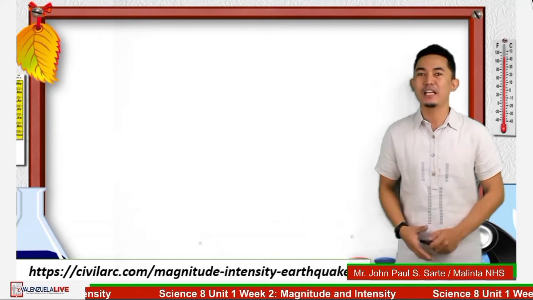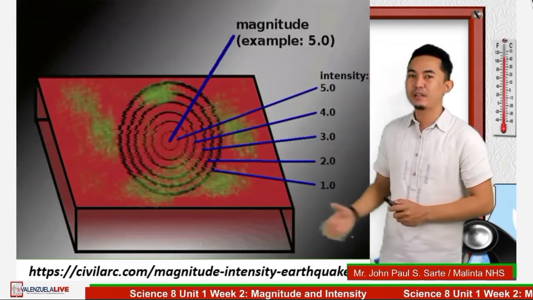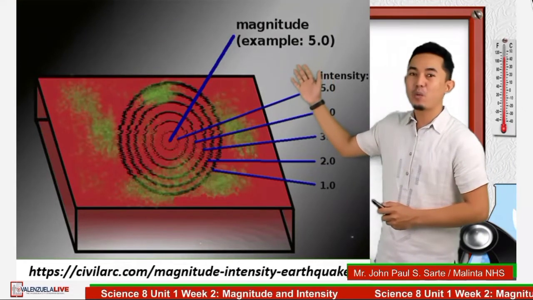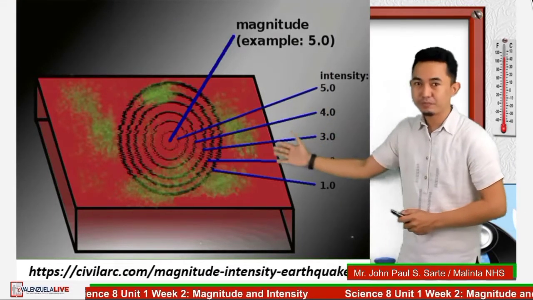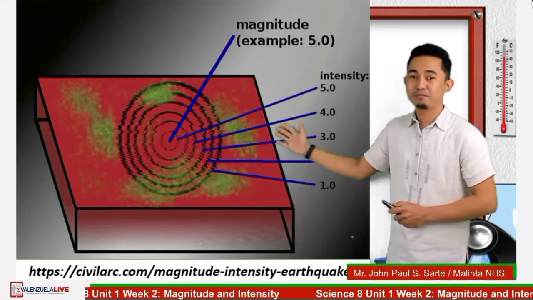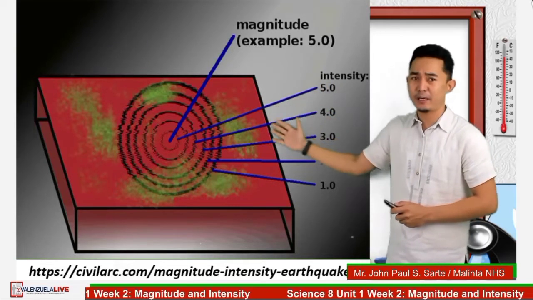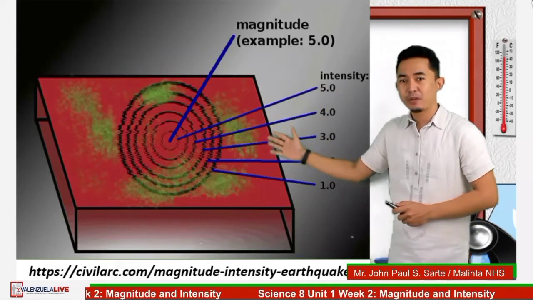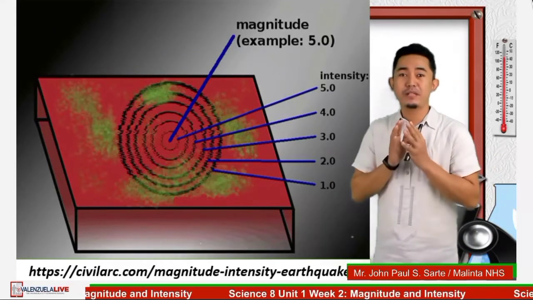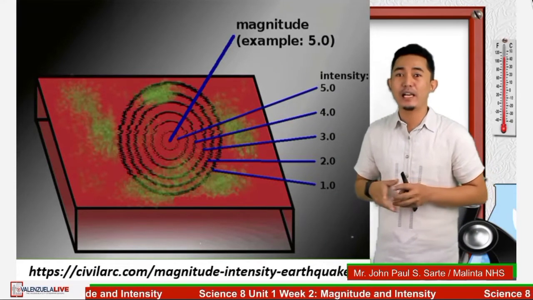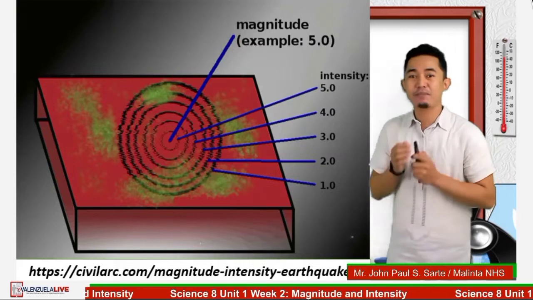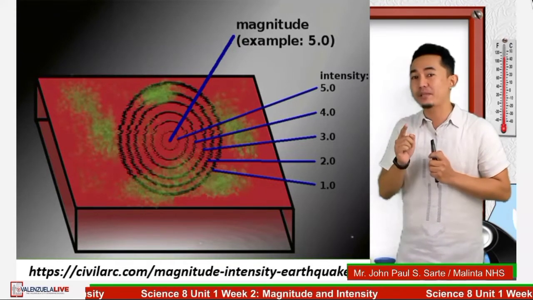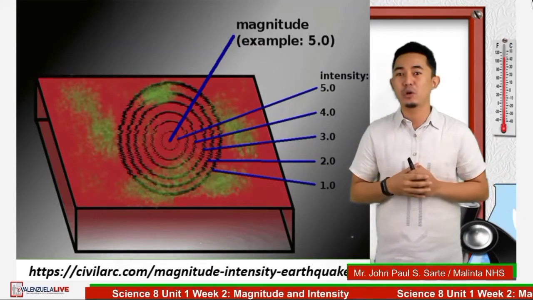I have here an image of magnitude and intensity. What can you observe here, class? We have the magnitude of 5, while in intensity, it counts the number of waves up to 5 also.